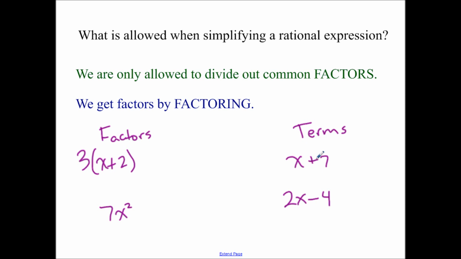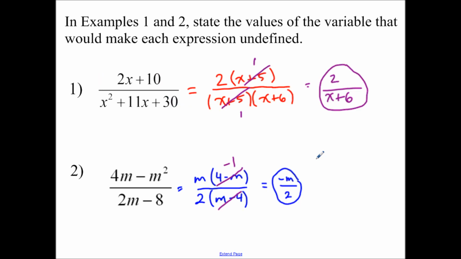All right? And lastly, we might be interested in knowing values of a particular rational expression that would make the expression undefined. What you need to think about here is, what can't we divide by? If we divide by what number does it make an expression undefined? Of course, that's divide by 0, right? You knew that from a few years back.